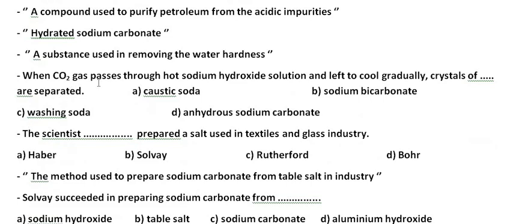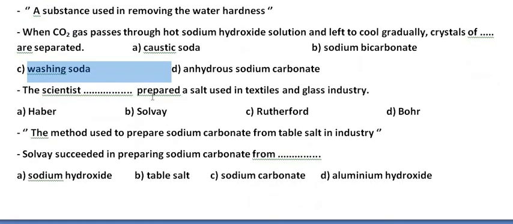When carbon dioxide gas passes through a hot solution of sodium hydroxide and is left to cool gradually, crystals of sodium carbonate, washing soda, are formed. The scientist who prepared sodium carbonate, used in the textile and glass industry, is Solvay.